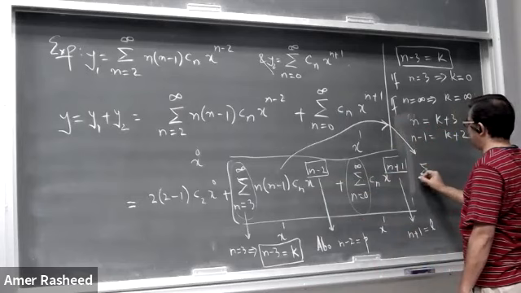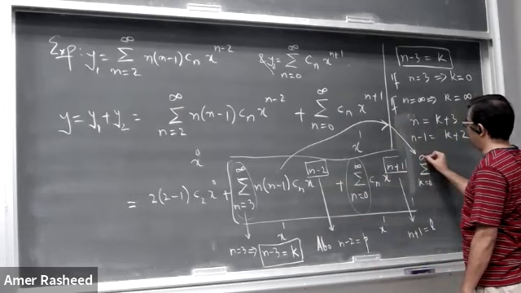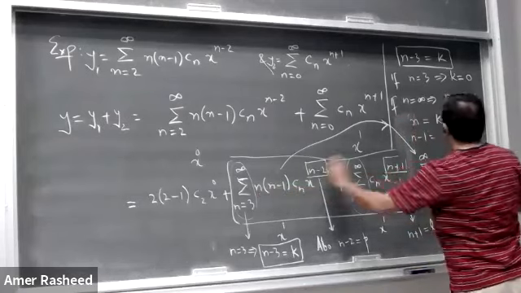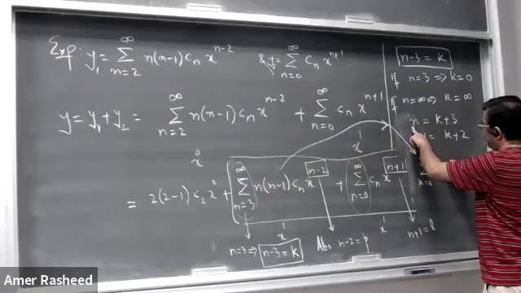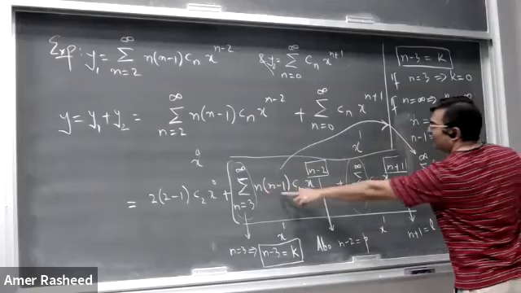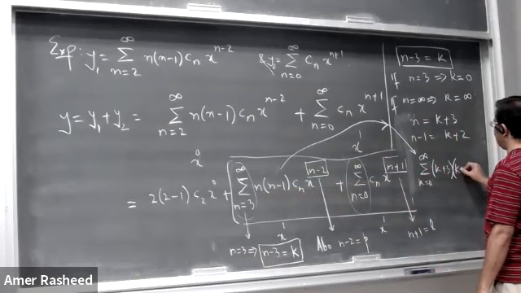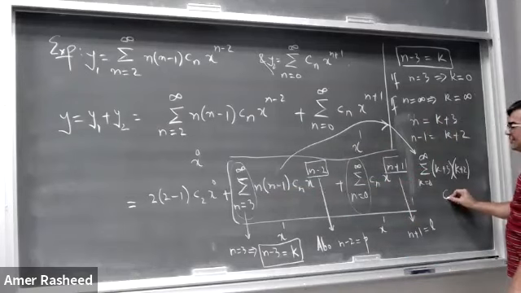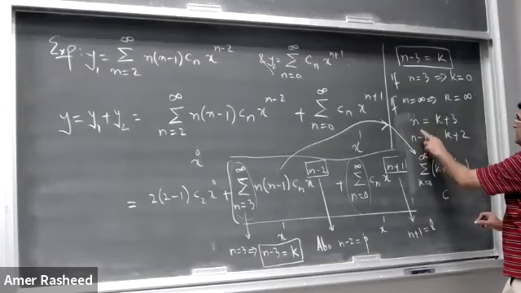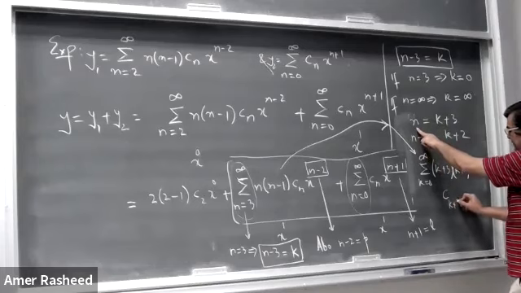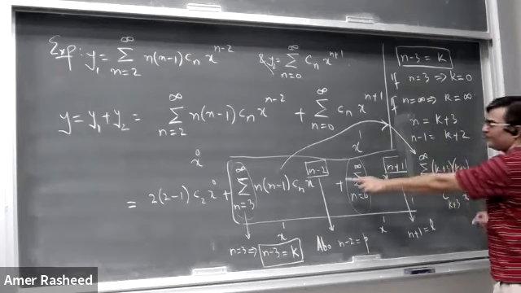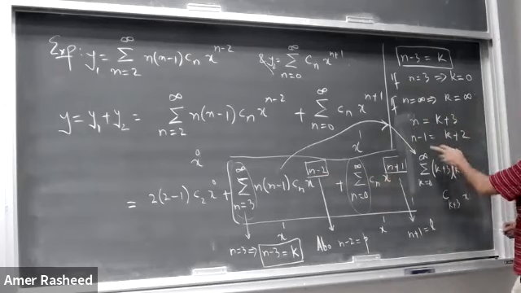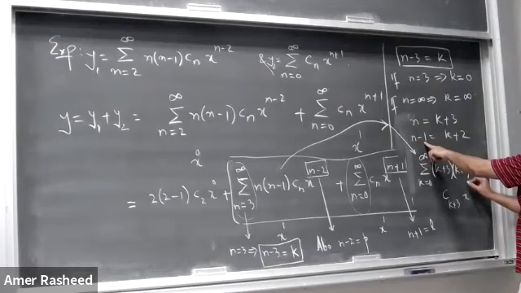It can be written as k from 0 to infinity, and in place of n we write k plus 3, and in place of n minus 1 we write k plus 2, and here in place of cn we write c k plus 3, and x power n minus 2 becomes, what will n minus 2 be? k plus 1. So this is k plus 1.